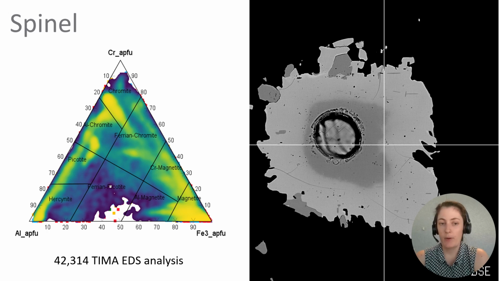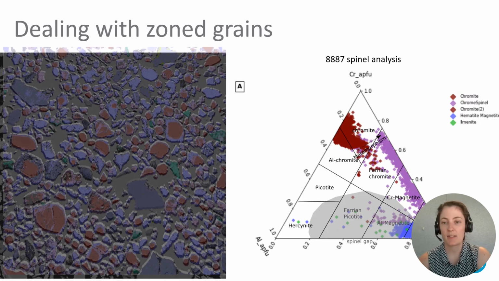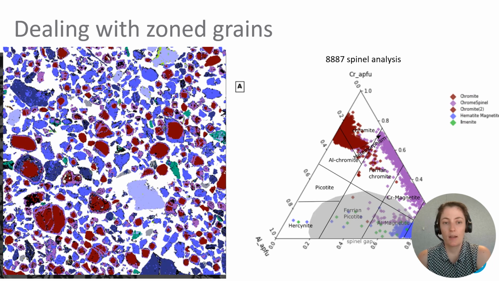We ended up with about 42,000 TIMA EDS analyses, and a lot of these mineral grains were zoned. So you can see in the previous image and this image, almost all of the spinel grains have some sort of zoning. So we decided to separate those zones into different chemical phases.